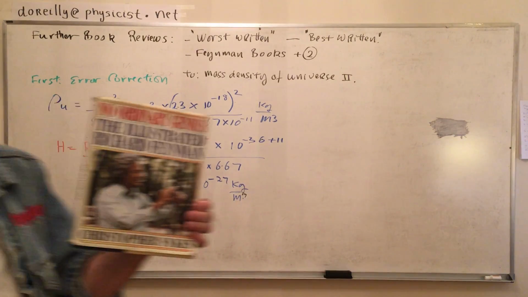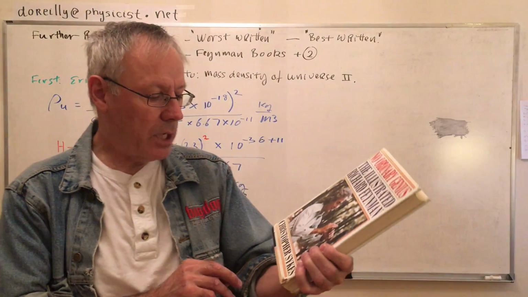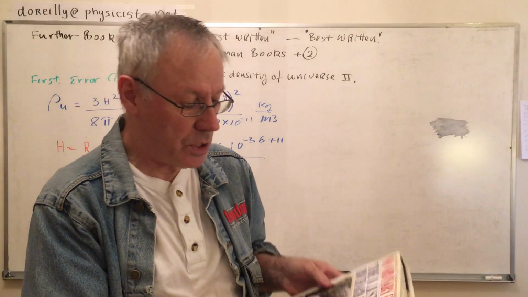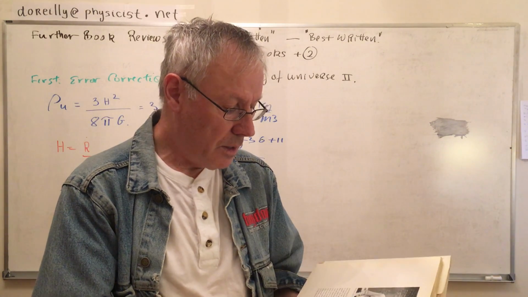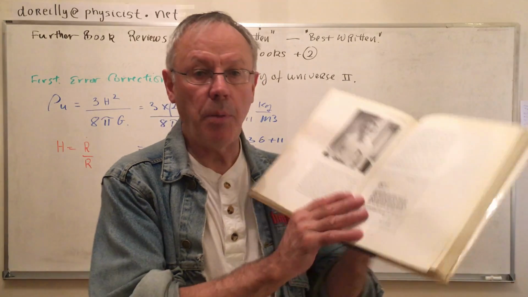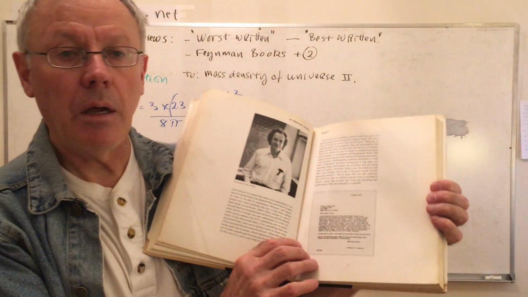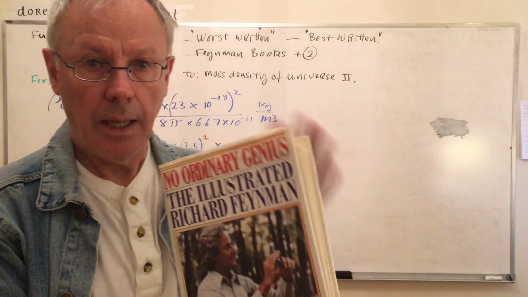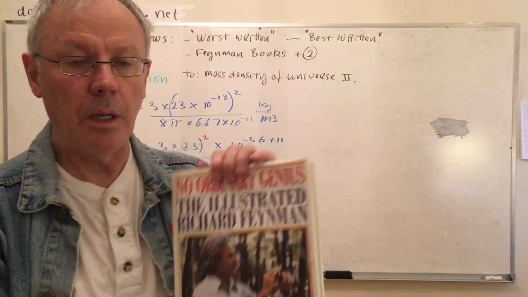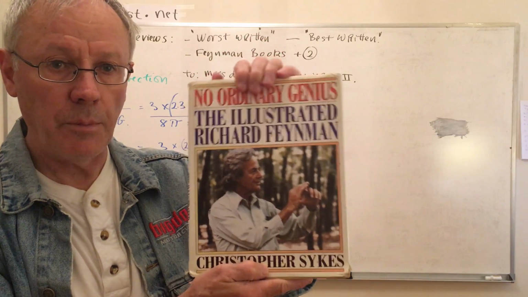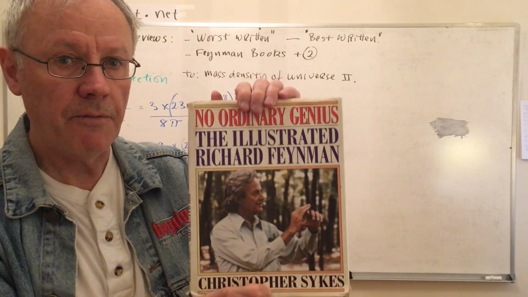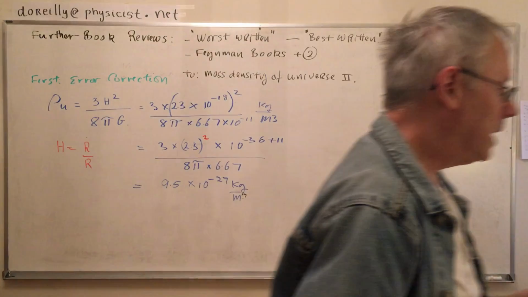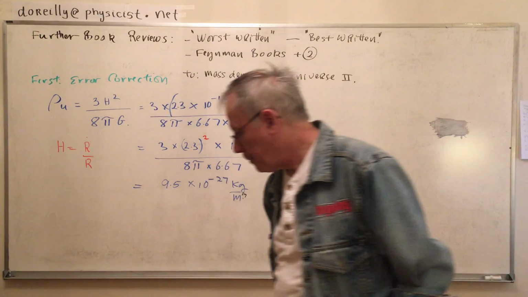A good coffee table book is by Christopher Sykes, The Illustrated Richard Feynman, No Ordinary Genius, and it has reproductions of a lot of the popular lectures in here, but it also has comments from his sister and from his children and people who knew Feynman. A lot of stuff about Feynman. If you're a Feynman fan, this is a great book to have. Very entertaining. It's best for the photographs.